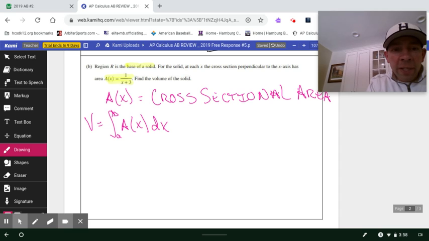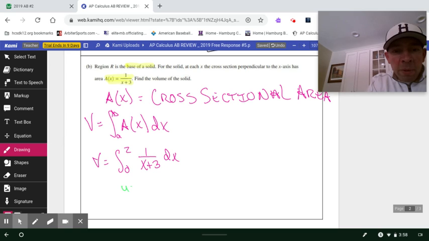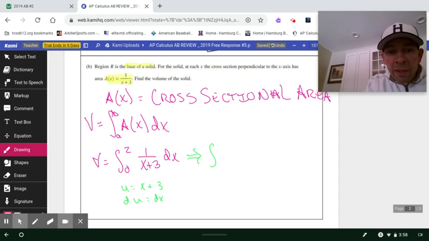So in this particular case, our volume is just going to be the integral from 0 to 2 of this 1 over x plus 3 function. For a little bit of overkill, maybe we're going to actually do that u sub. If I rewrote that integral in terms of u, the lower bound would be 3 because I'm substituting this 0 for x, and then I'm going to substitute that 2 in for x to make the upper bound 5.